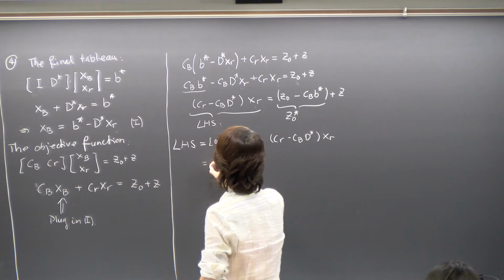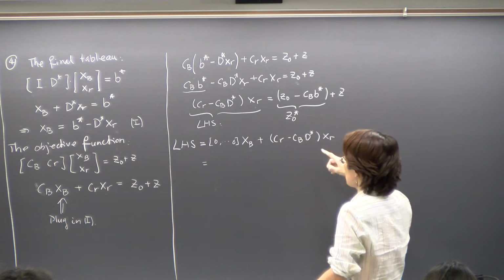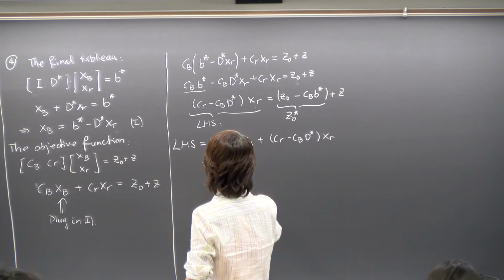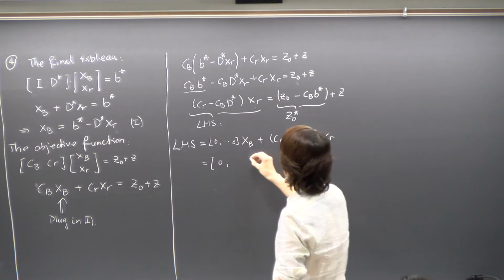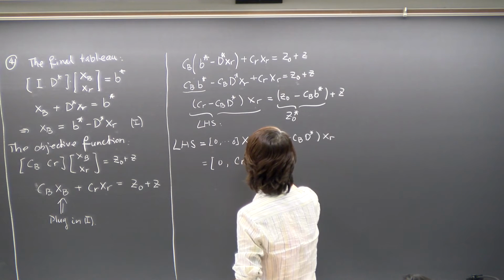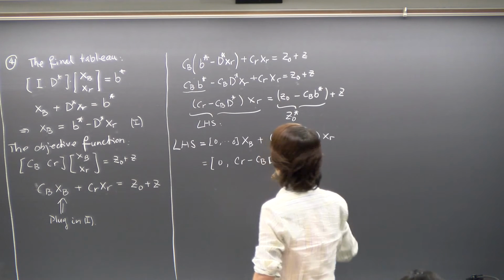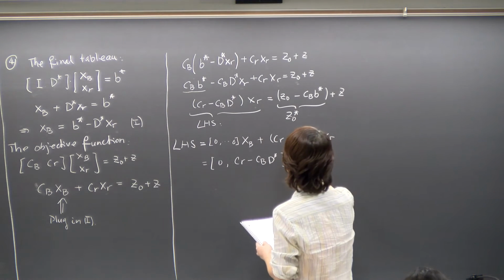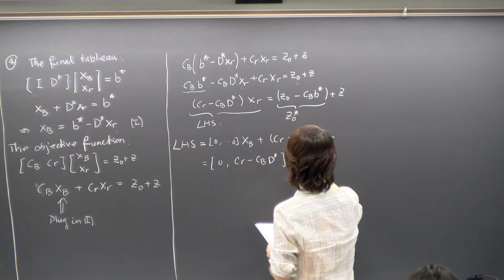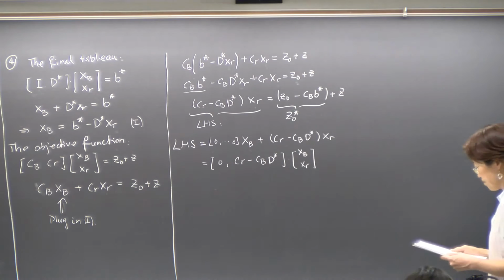And so I can merge these two vectors and write it as a product of two vectors. So I'll have 0, that's this 0 vector, and then I have CR minus CB D star multiplied by XB over XR, which is just X bar.